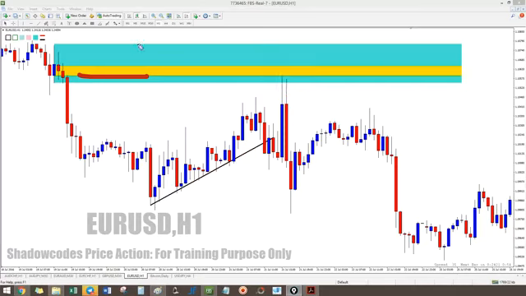Okay, I think I just need to use this one. Okay, we will take our trade here. Different color, please. Okay, so we wait for our rejection here, and then our trade will be here.